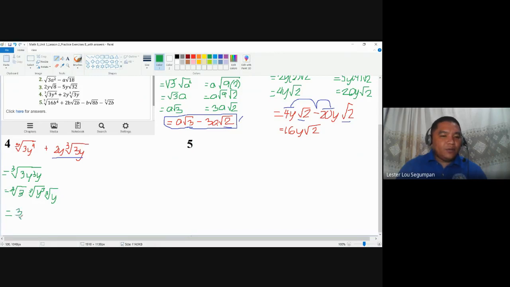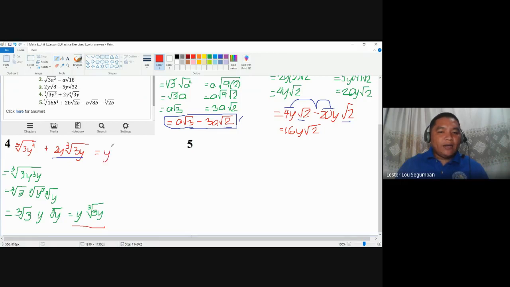So you have y, and then cube root of 3y, combining the remaining terms using the reverse of the multiplication law. This is the simplified form of the first term, and let's combine it with the second term, which is already in a simplified form.